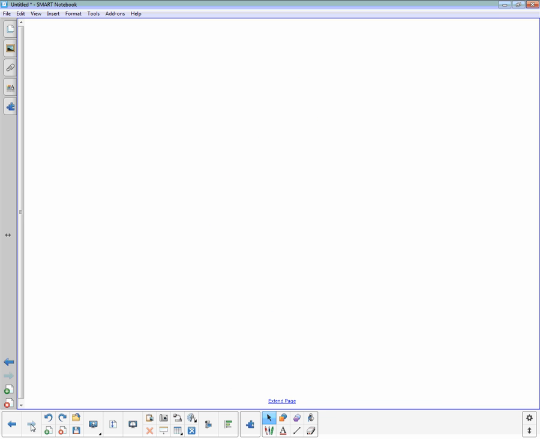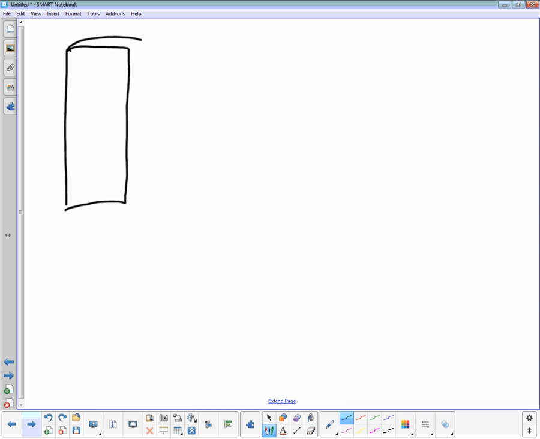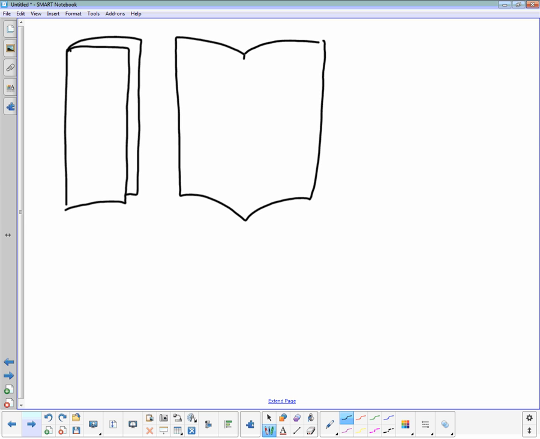All right. So, here's what you're going to do. You're going to take this piece of paper, and we're going to fold it hot dog style. And then I want you to open it back up. Then you're going to fold the edges to make kind of like a double door.